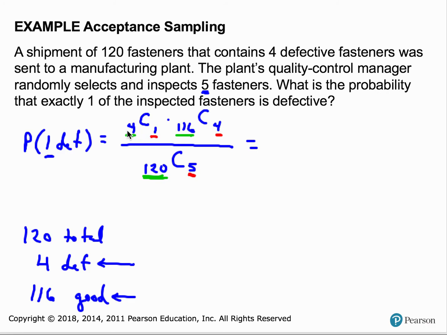Oh, you get the first one, the second one, the third one, or the fourth one. Okay, so if we do that like we just said, that's 4. Okay, and then I'll get 116 choose 4.